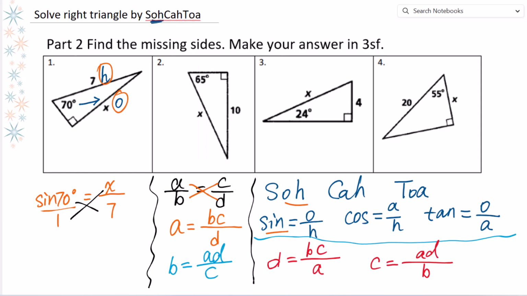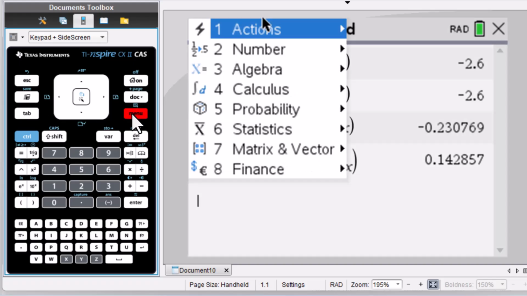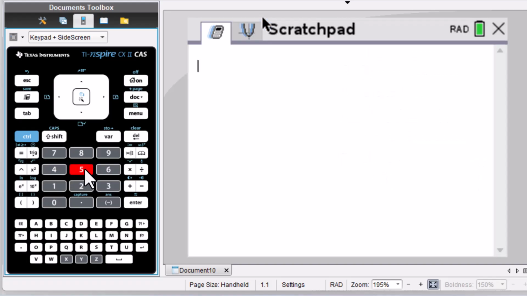Therefore, 1 and X are on the same line. So we have X equals, denominator is 1, 7 times sine 70 degrees equals, go to calculator. First of all, click here. We need a scratch pad. Go to menu, actions, clear the history.